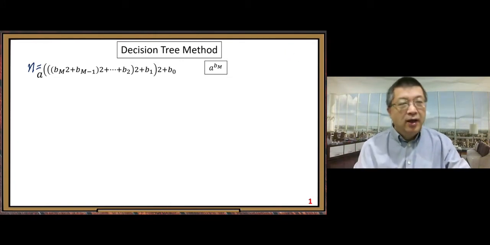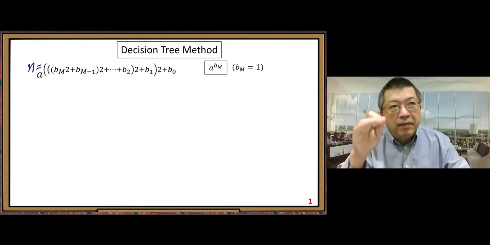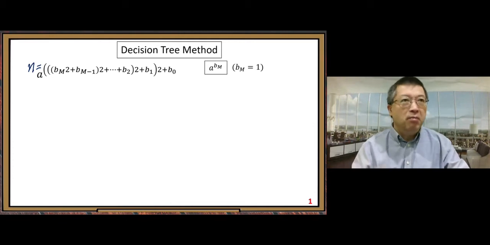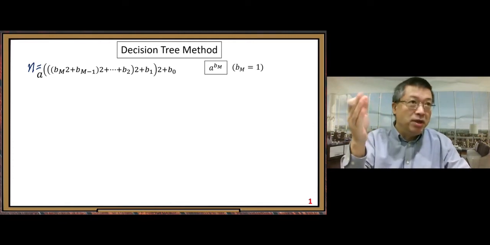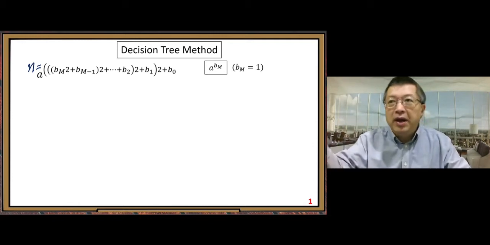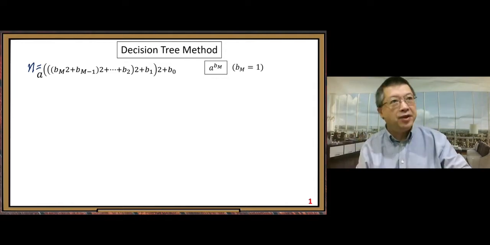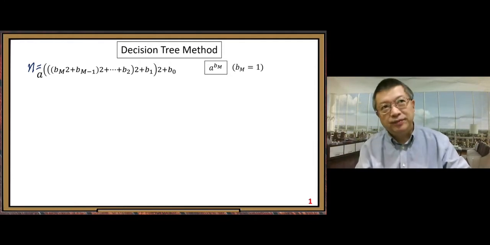We also know that b sub n has to be 1. The most significant bit must be 1, cannot be 0. If it is 0, then we look at b sub n minus 1 until we get our first non-zero bit. That is our most significant bit, so it must be 1.